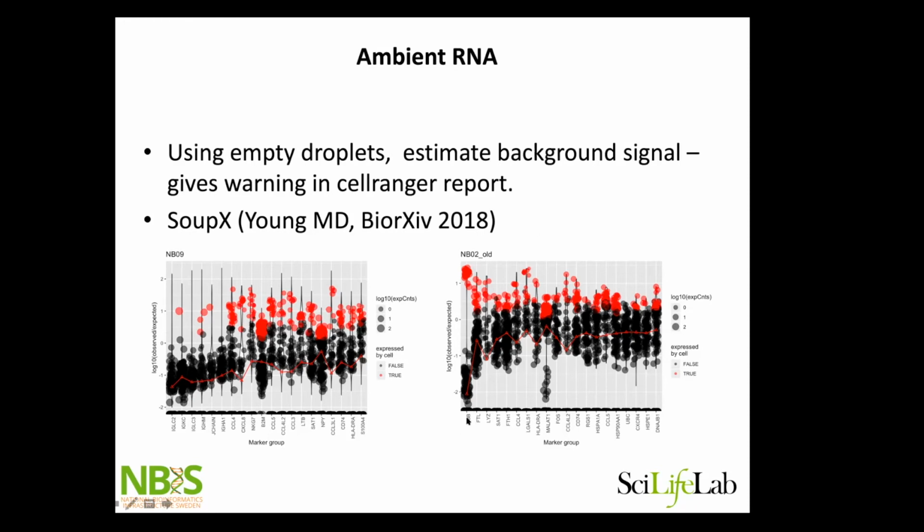Like here is hemoglobin, you probably have red blood cells. But it's tricky because, as I said before, depending on how this knee plot looks, what you call empty droplets might actually just be red blood cells and not empty wells. So then maybe you need to put your cutoff even lower and rerun the program. In this example, you see a lot of B cell genes in the background. So that's most likely that you have a lot of broken B cells for some reason in your sample.